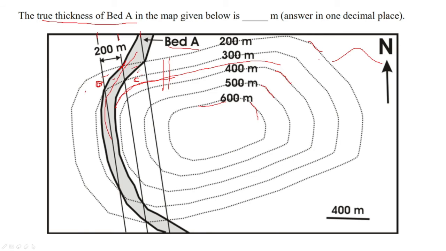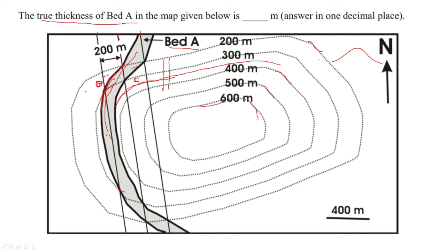So let's see how we'll do that. Let's see the stratum contour between B and A contact, which is this bedding plane. We see this point where the bedding plane is cutting a 300 meter elevation contour, and same as this point, the same bedding plane is cutting the 300 meter elevation contour.